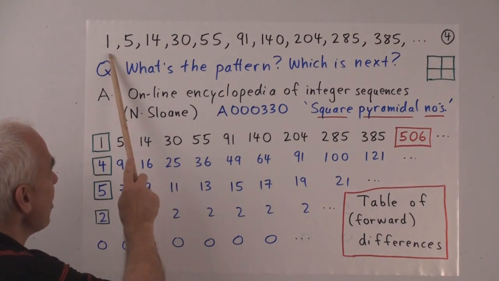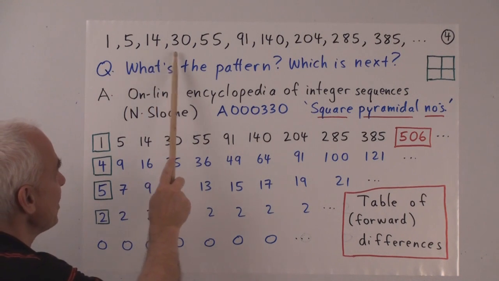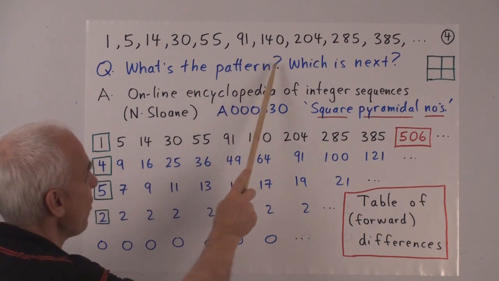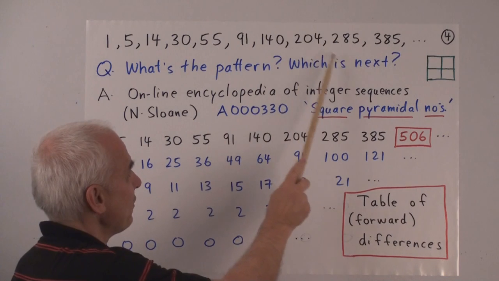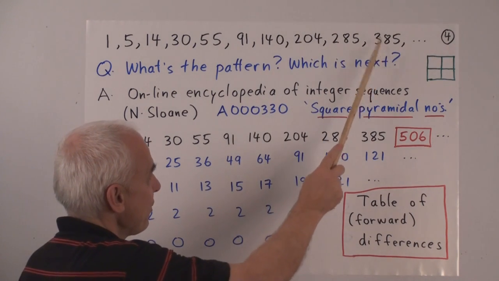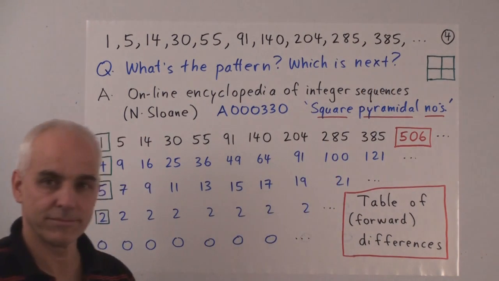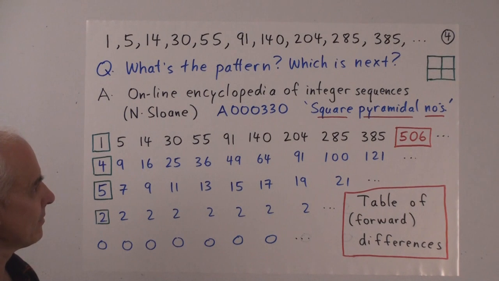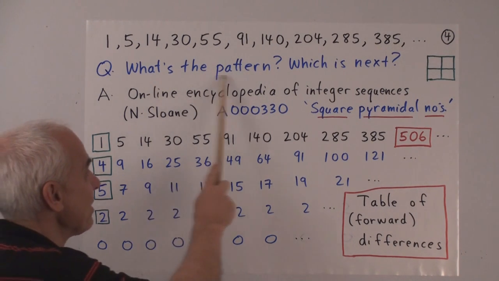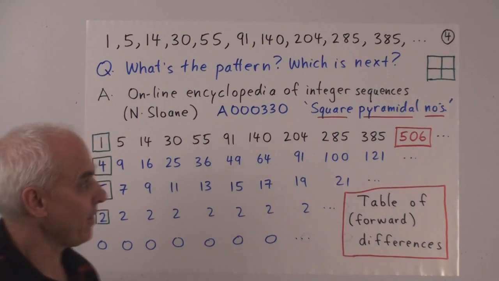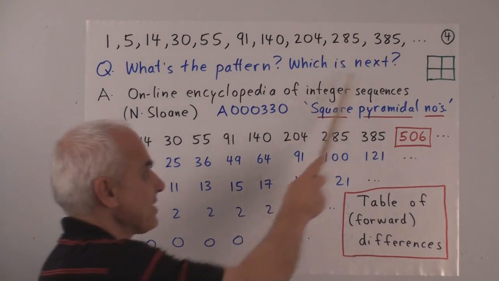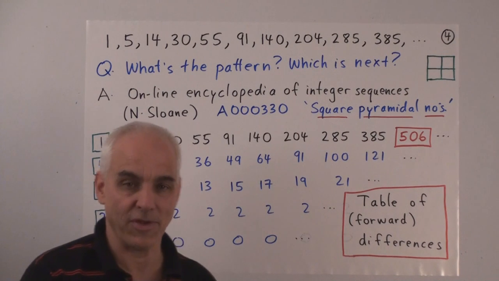The sequence that starts off 1, 5, 14, 30, 55, 91, 140, 204, 285, 385, and so on. The natural question is, what is the pattern? How does it carry on? What's the next element in the sequence?